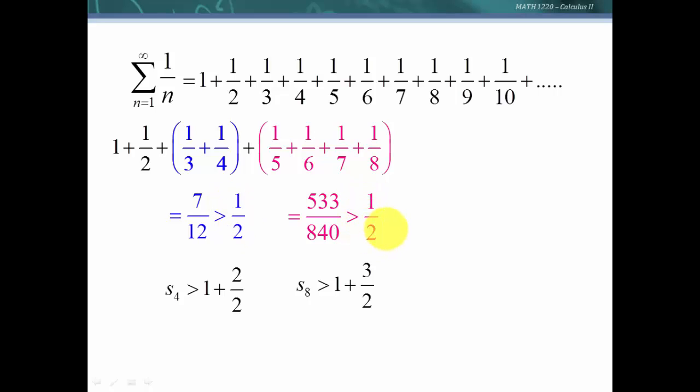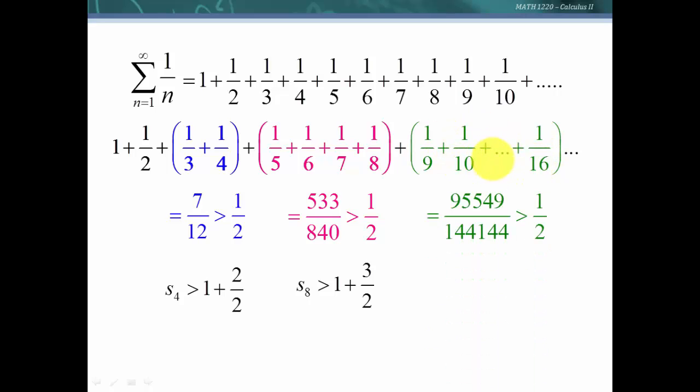We could continue with that idea, and if we added on the next terms up to 16, the sum of these terms again is more than a half. So the sum of the first 16 terms would be greater than 1 plus a half plus a half plus a half, or 1 plus 4/2.